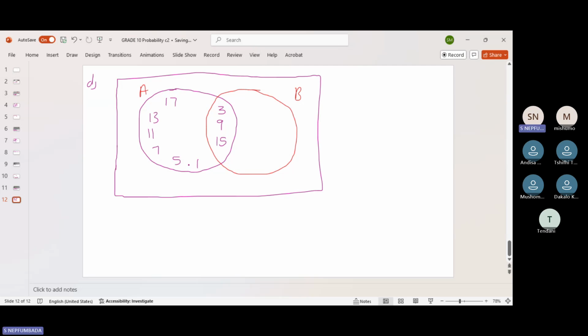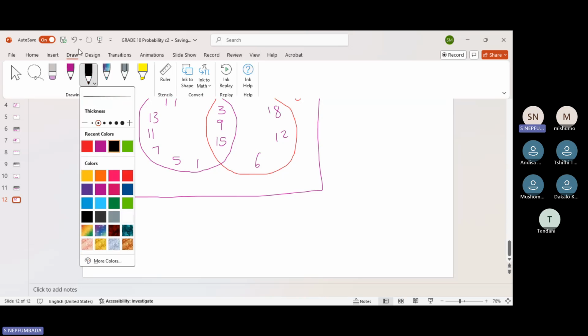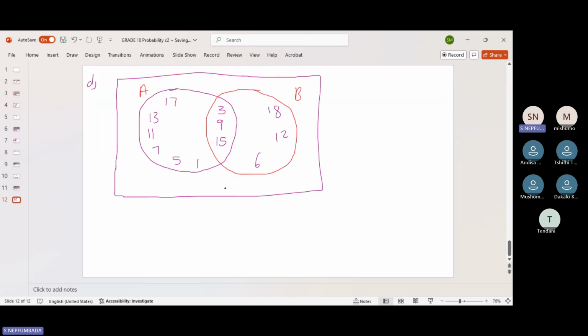Are we good? Yes. Then at this side, it means we're going to have only 6, 12, 18. And all the numbers that didn't fall anywhere are going to be written outside the circles.